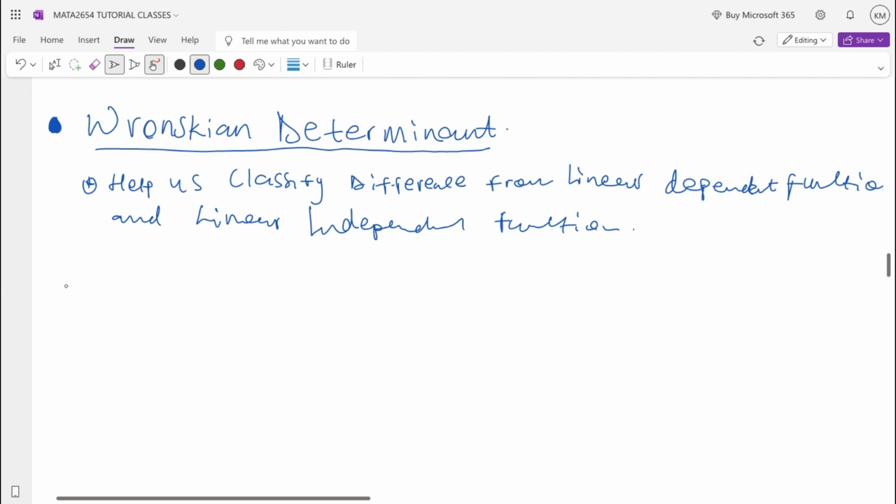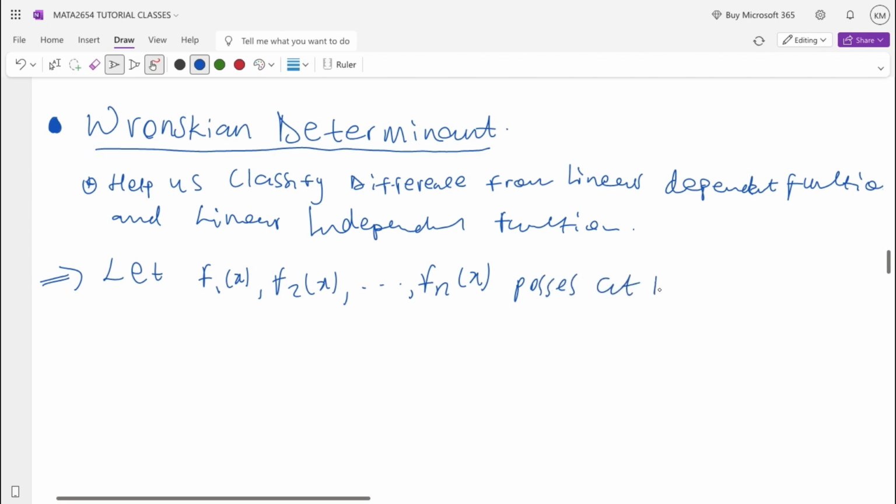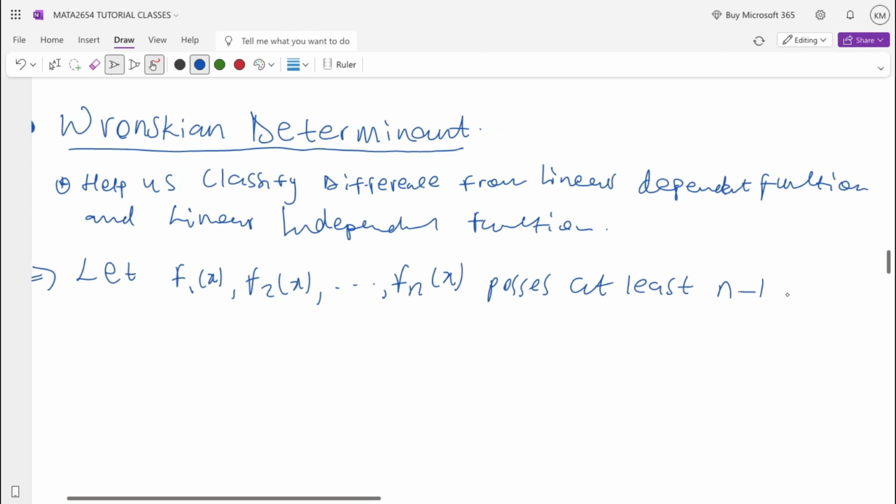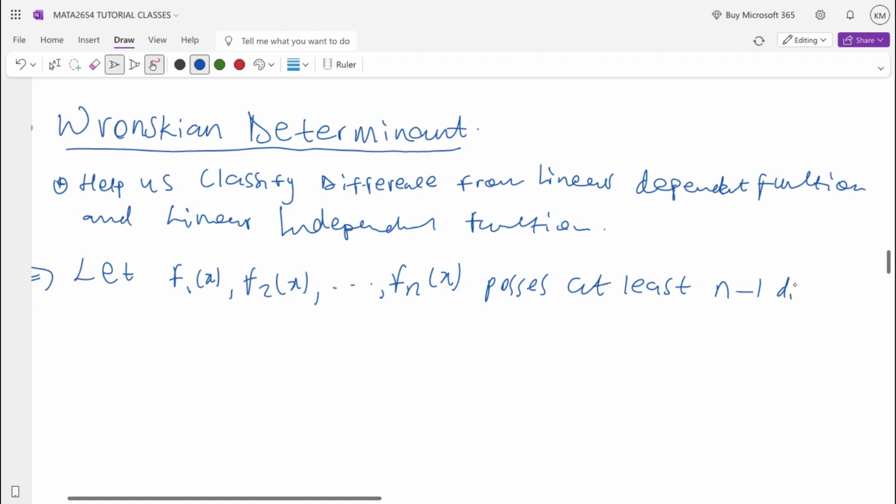Okay, so here is what we will deduce. Let f1 of x, f2 of x, up to fn of x possess at least n minus 1 derivatives.